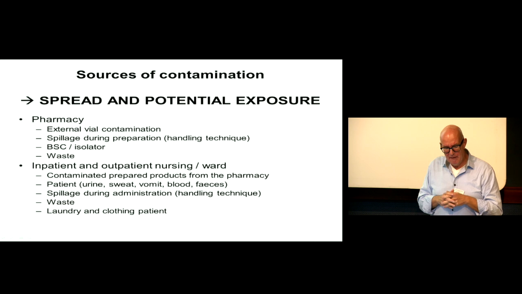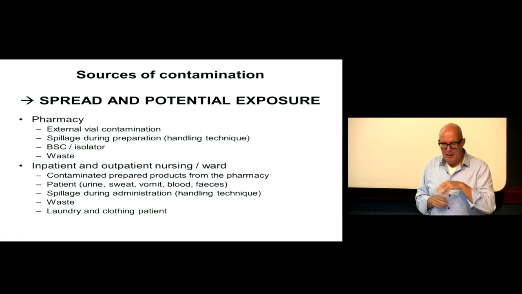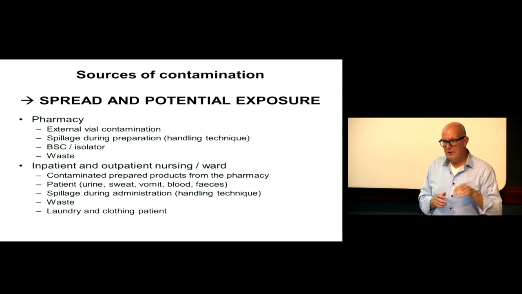That's the other point. If we go more in detail, for instance, the vial contamination, it's known by many tests done over the years that vials with cyto drugs on the outside can be contaminated. The very simple reason is when the industry is producing and filling these vials, at the end of the process, when the vial is ready, they wash it. But they are not allowed to wash the top of a vial where you have to flip off.